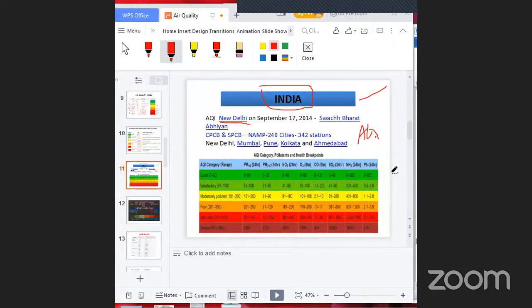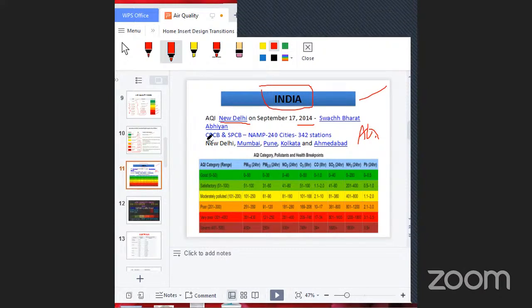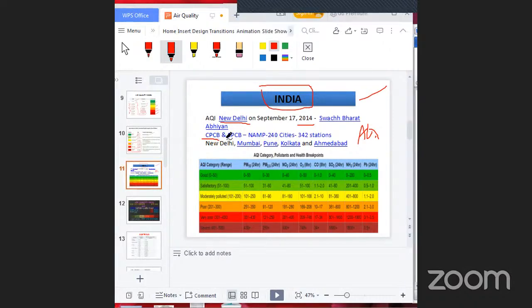Launched in New Delhi on September 17, 2004, under the Swachh Bharat Abhiyan. The Central Pollution Control Board, CPCB, along with the State Pollution Control Boards, SPCB.